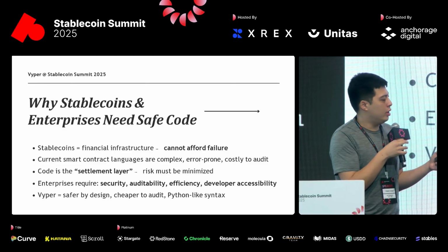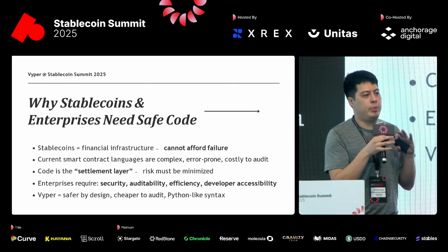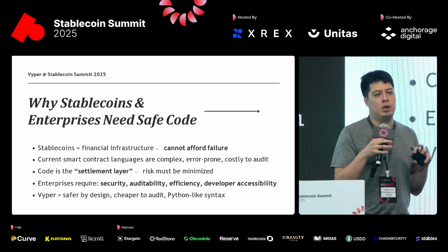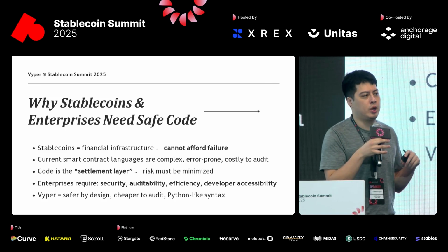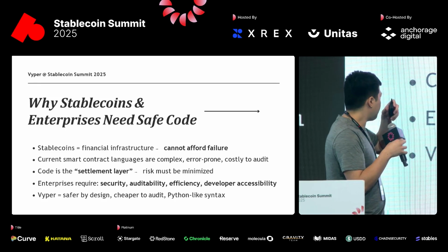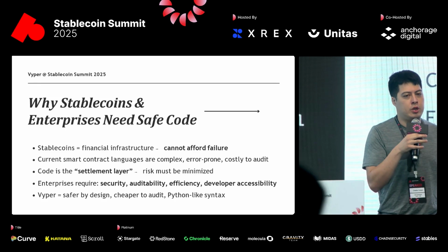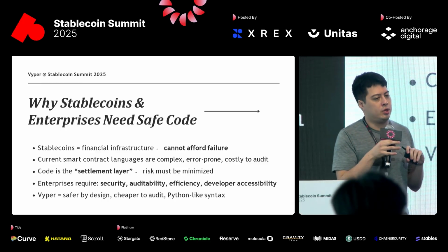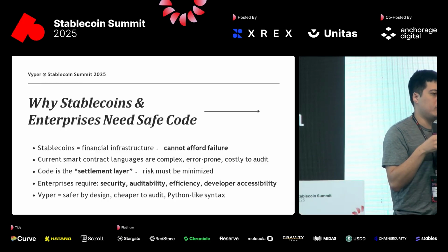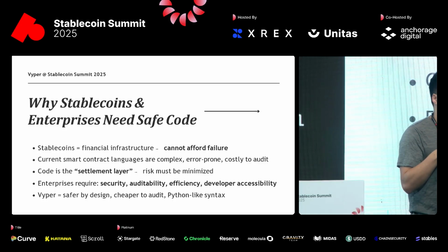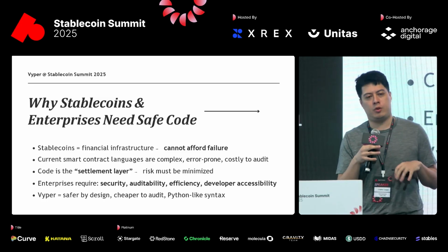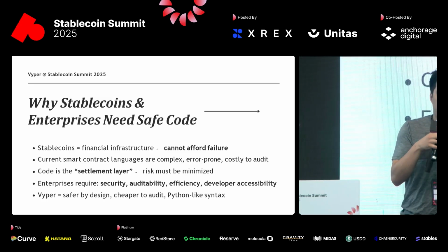Currently the biggest cost in developing any kind of DeFi on-chain protocol, any kind of smart contract, is auditing. Smart contracts are very difficult to audit. Anecdotally, Vyper is much cheaper to audit. We're preparing some white papers to go into why and to quantify exactly how much.